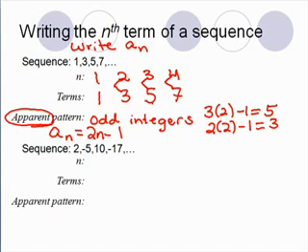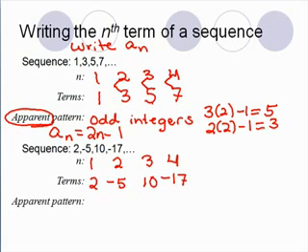Okay, let's take a look at another example. We've got the first 4 terms of a new sequence, 1, 2, 3, 4, and those terms are 2, -5, 10, -17. First thing that you're going to notice right away is I've got this alternating positive and negative.